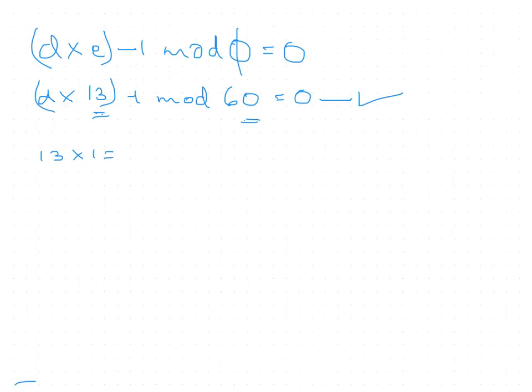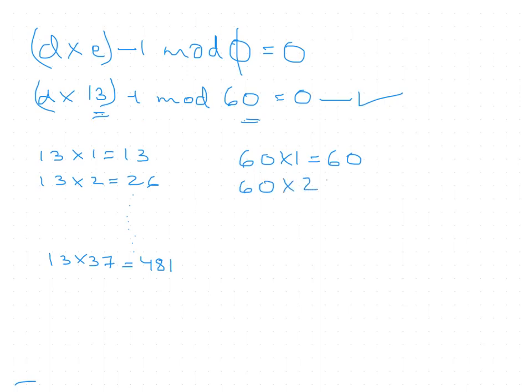13 one time is 13, 13 two times is 26. Similarly, later on, 13 times 37 is going to be equivalent to 481, right? Similarly, if I write the table for 60, 60 one time is 60, 60 two times is 120.